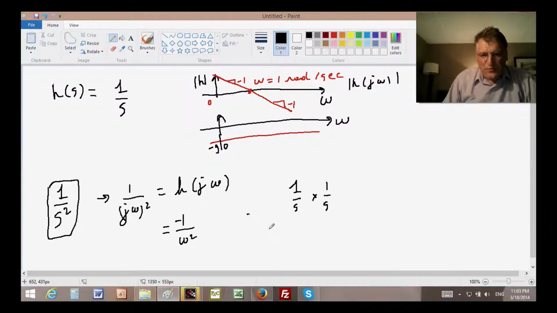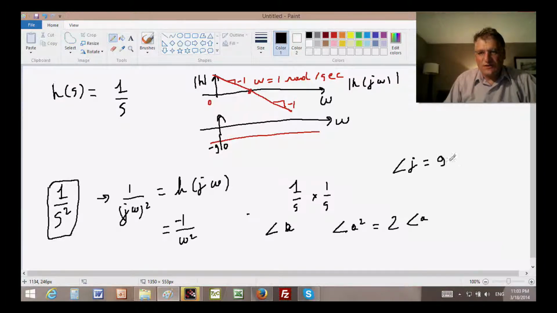Well, when we compute the phase of any particular number A, it turns out that the phase of A squared is just 2 times the phase of A. For example, the phase of J is 90 degrees. The phase of J squared is the phase of -1, which is equal to 180 degrees.